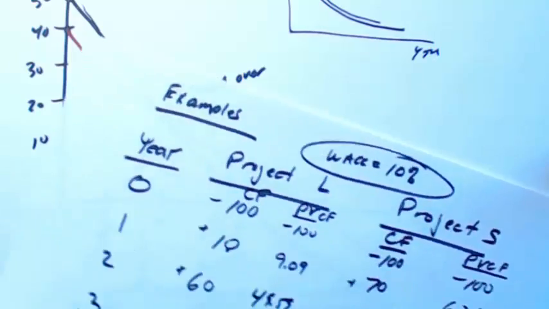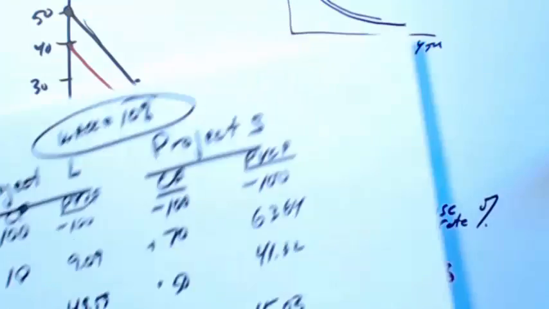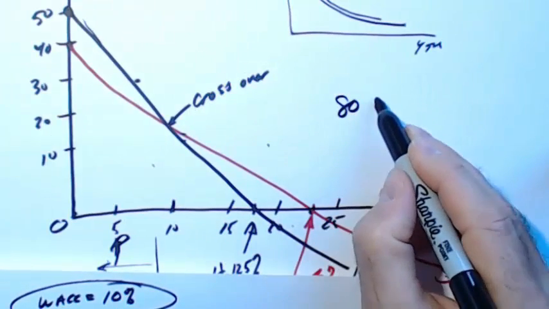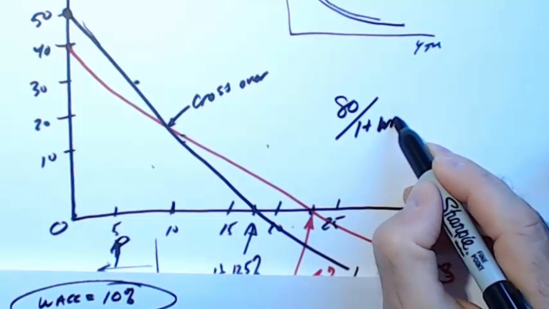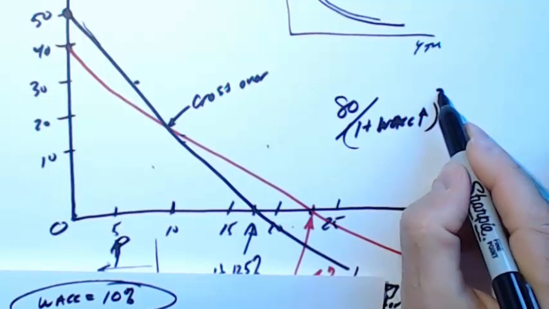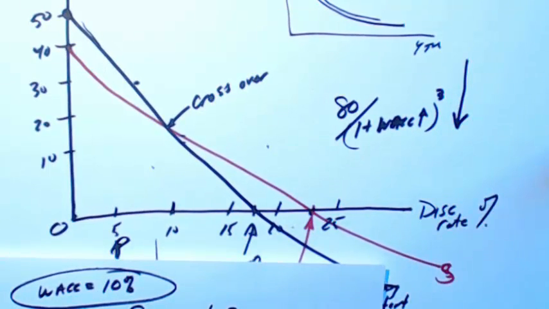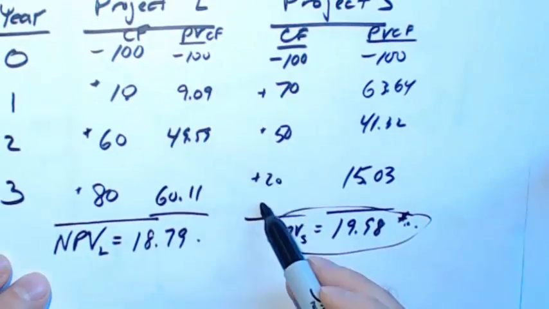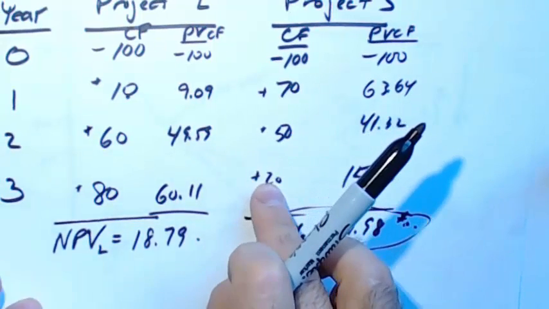It's discounting these big numbers a whole lot, because you're taking $80, for example, and dividing it by 1 plus a very high weighted average cost of capital to the third power, which reduces that number significantly. Whereas in Project S, the later cash flows are very small, so they don't get discounted that much in dollar terms.